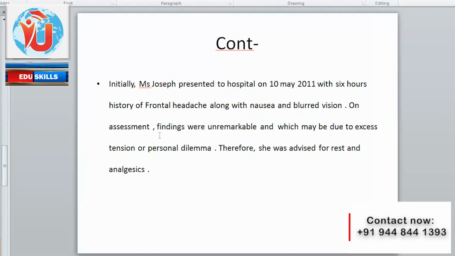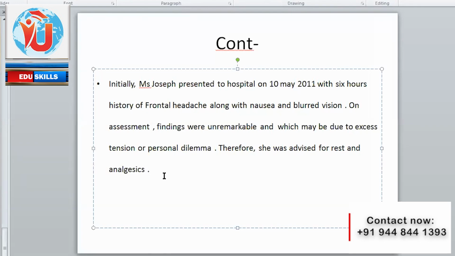On assessment, when we assess the patient, what we found were unremarkable. On the day of the 10th, all the findings were unremarkable. Personal dilemma, like maybe it all happened due to her tension. Therefore, she was advised rest and analgesics.